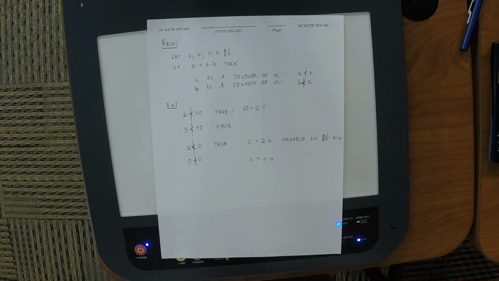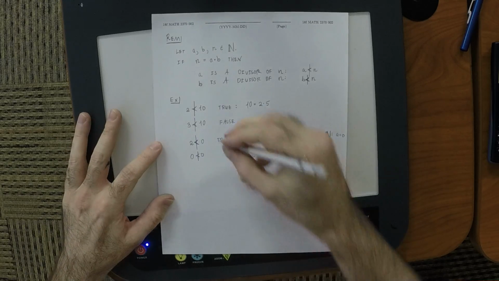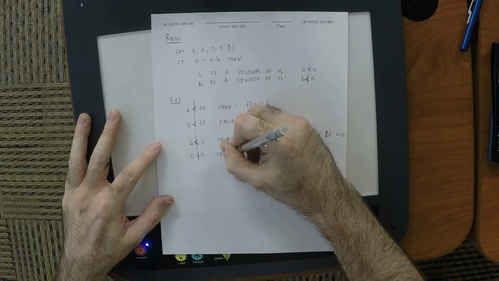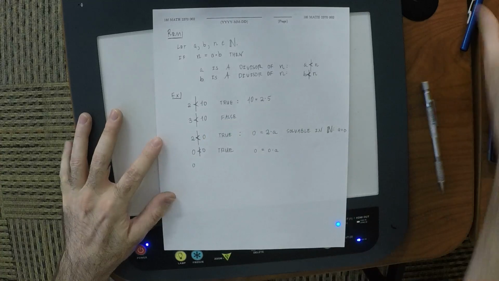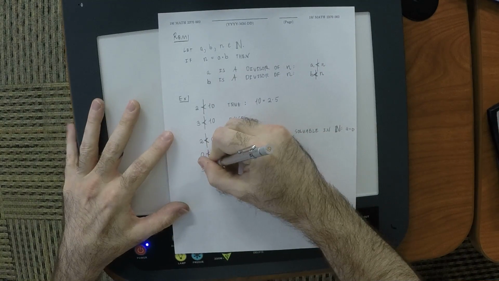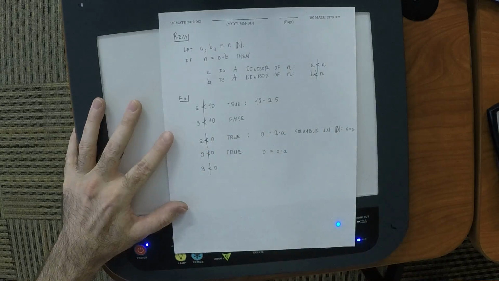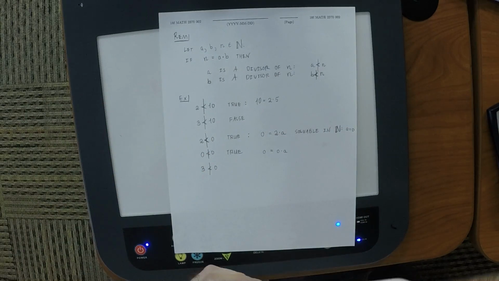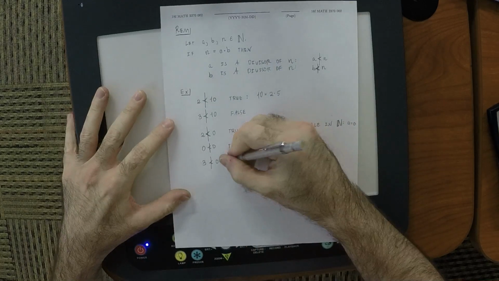I just need one, right? I just need one, so that's true. Wait, so this is disturbing me. So wait a minute. How about does 3 divide 0? Yeah. What about 2370? Is 2370 a divisor of 0? It is, isn't it? Okay, so wait a second.